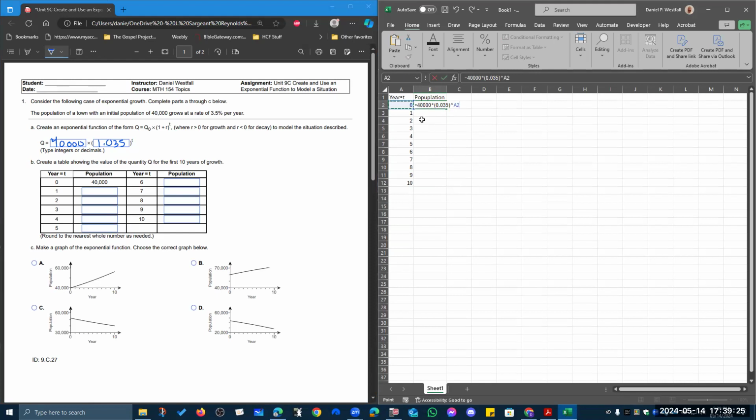So I'm going to raise that to the t power. And then I'm going to drag this down. I've already set my column up. It's not right. 40,000 times 1.035. There we go.